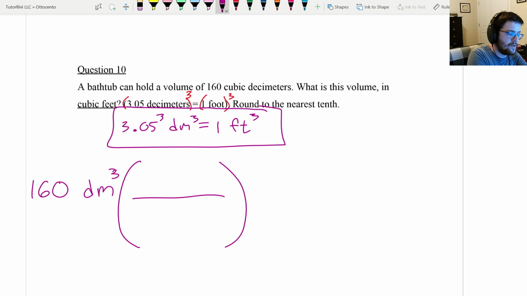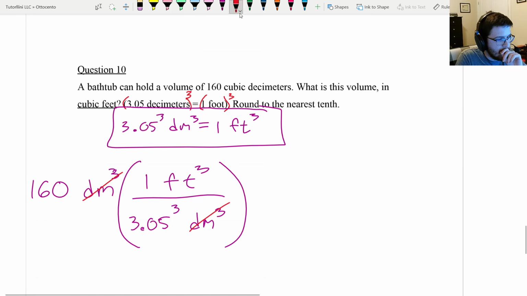And let's see, so 3.05 cubed decimeters cubed is going to go on the bottom, and then 1 feet cubed is going to go on the top. Once again, do the units cancel? Yes, they do. Decimeters cubed is on both sides. And we're left with feet cubed or cubic feet, which is what we want.